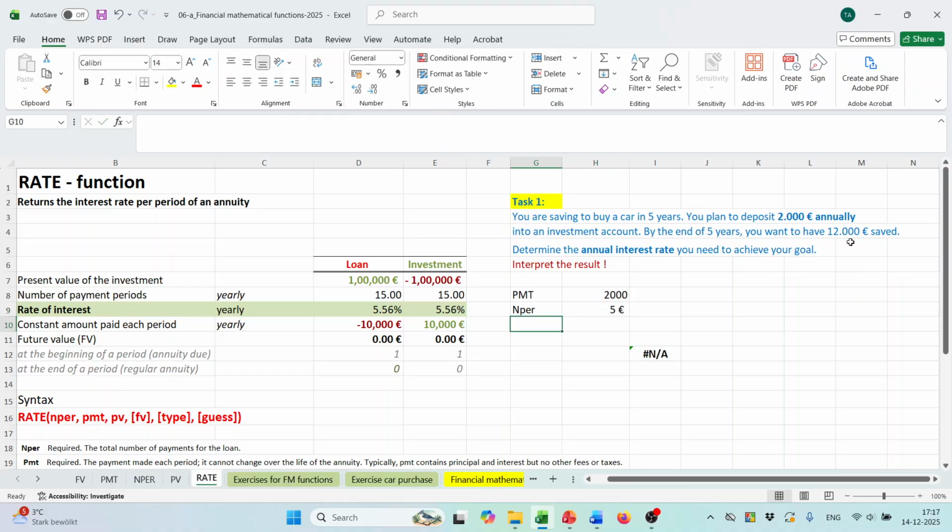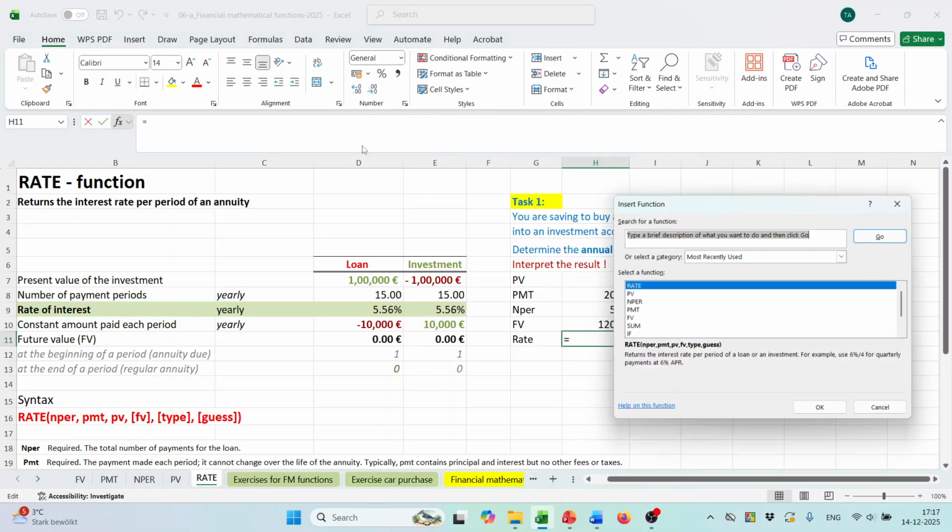You want to have 12,000 euro saved, so our future value should be 12,000 euro. And what interest rate do we need for achieving this goal? So we must calculate the rate. We have nothing in our bank now, so our PV will be 0.